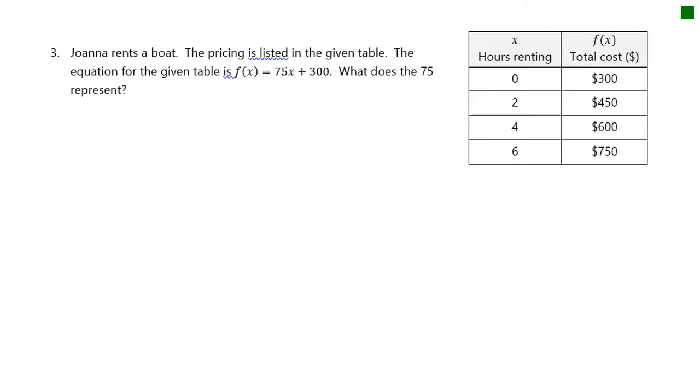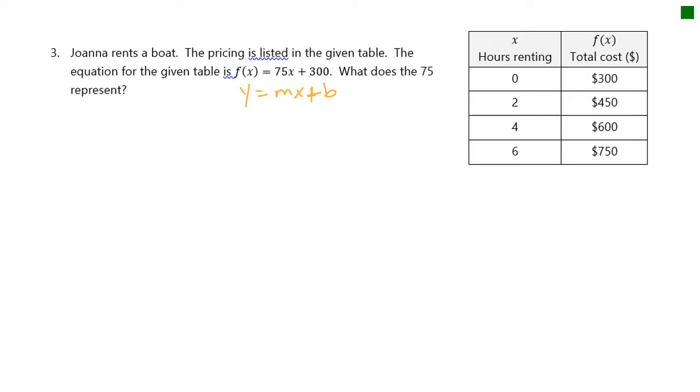All right, moving on to number 3. It says Joanna rents a boat. The pricing is listed in the given table. The equation for the given table is f of x equals 75x plus 300. What does the 75 represent? All right, so don't forget that f of x is just y equals mx plus b. Nothing changes. And if you don't remember, you should start using the pink and blue paper that we did in class.